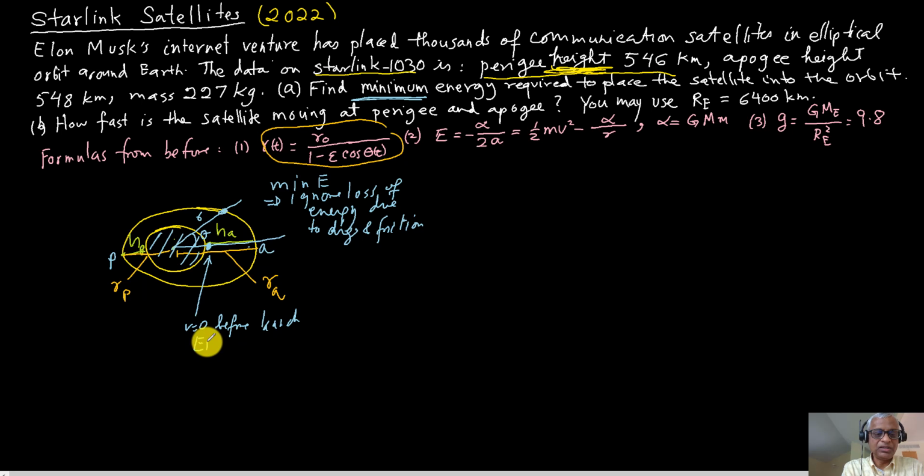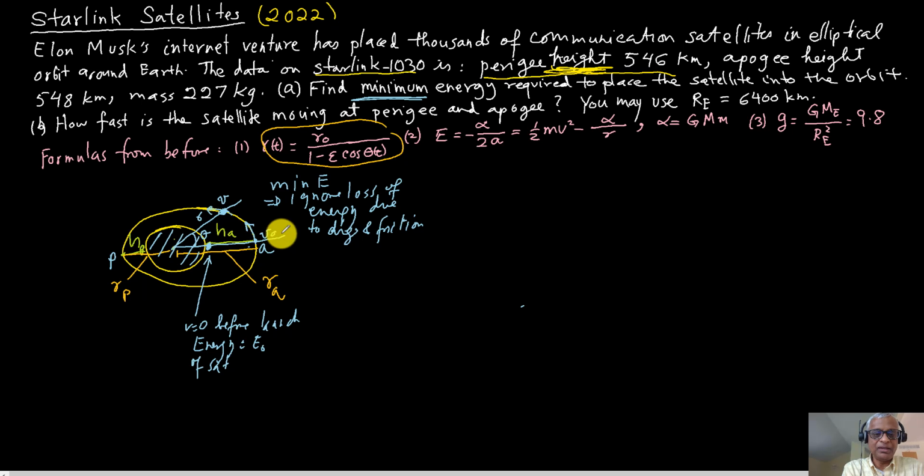So the energy of the satellite is 0, and say it's going in that direction. At any point it's going in that direction, so it's got some speed.